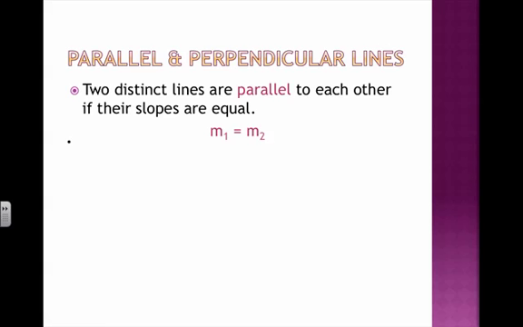Now we're going to talk about pairs of lines or multiple lines and if they have any type of relationship. So we can tell if two distinct lines are parallel to each other if their slopes are equal. So for example, let's say we have the line y equals 2x plus 3 and the line y equals 2x minus 10.